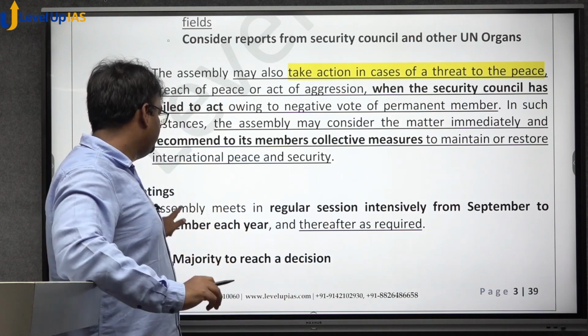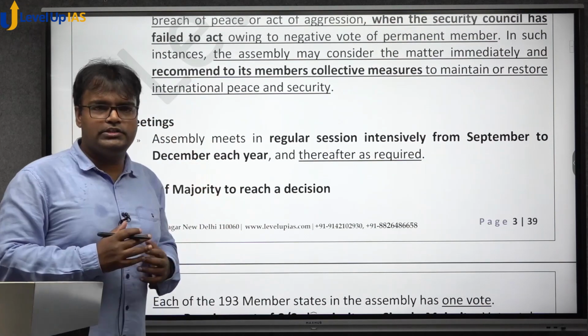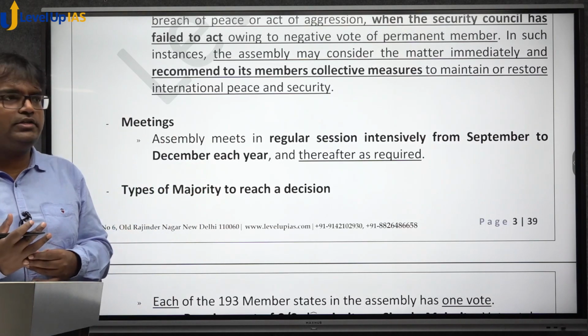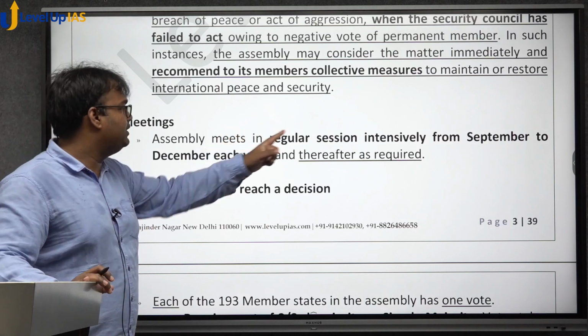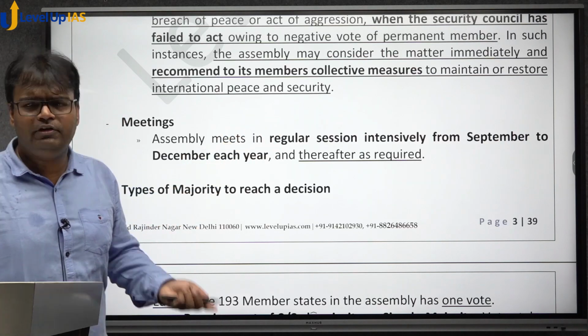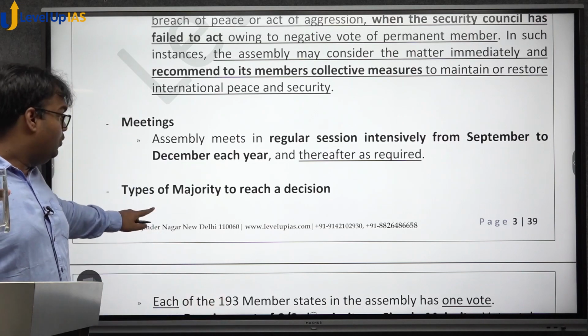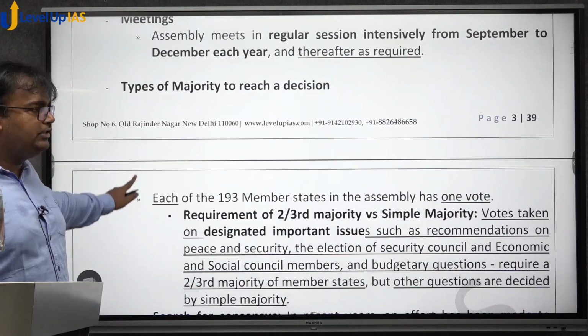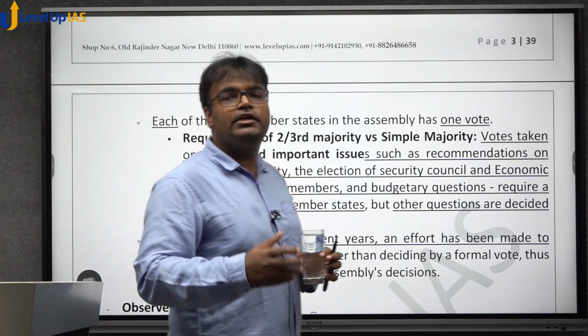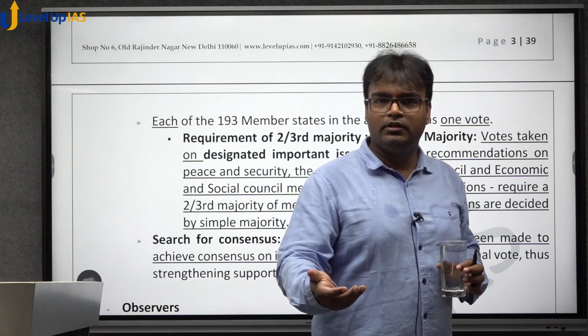Now, just like parliamentary sessions, the meeting of the United Nations General Assembly takes place between September and December, and thereafter meetings may also take place whenever required. In order to reach a decision, to pass a resolution, decisions are taken by voting.